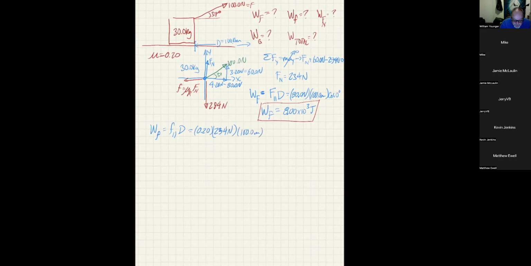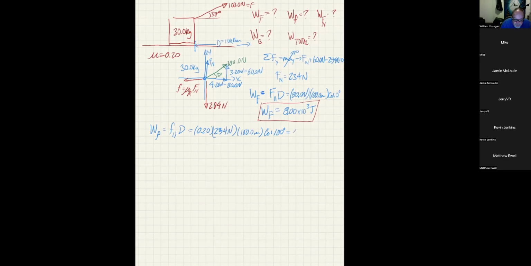Now here's the kicker. F points to the left and D points to the right. So cosine should be cosine of 180 degrees, which is -1. And I think you can see that this is going to be 468, or excuse me, 46.8 times 100.